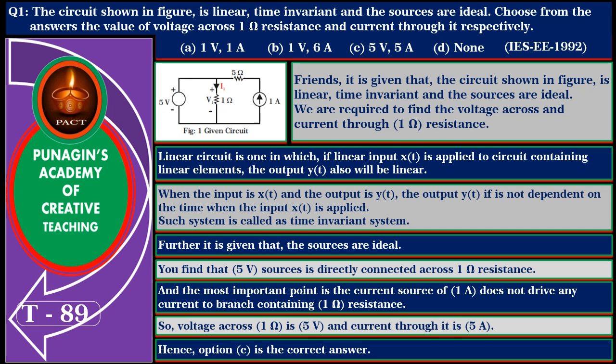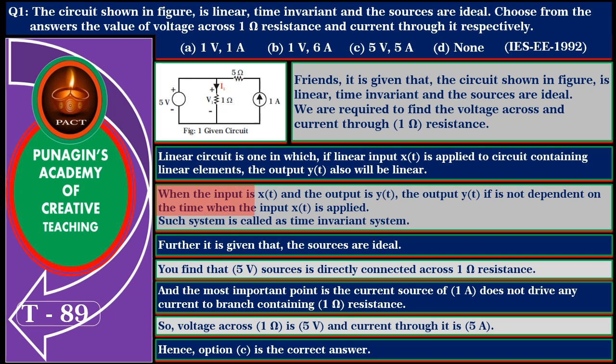Friends, in simple terms, linear circuit is one in which if linear input x of t is applied to the circuit containing linear elements, the output y of t also will be linear. Time invariance also is another property of the circuit.